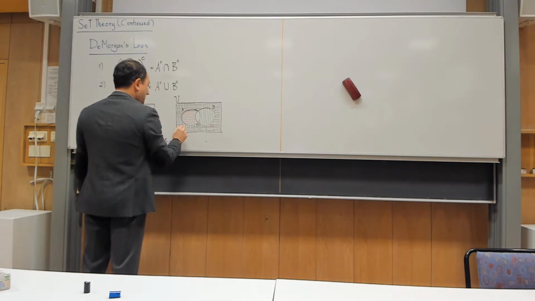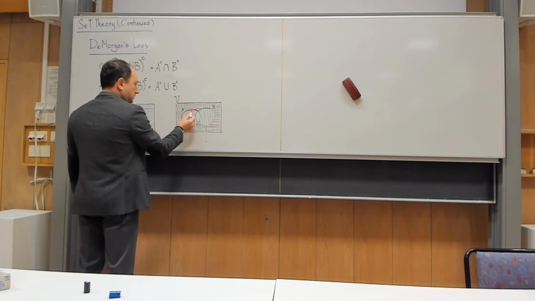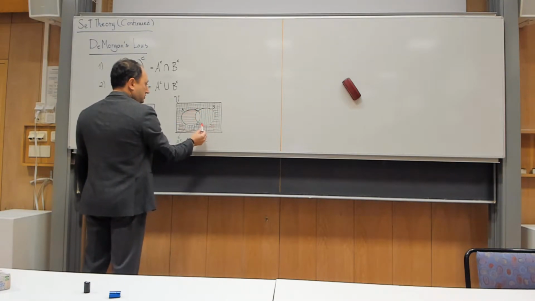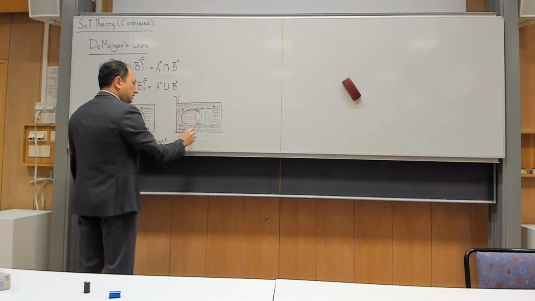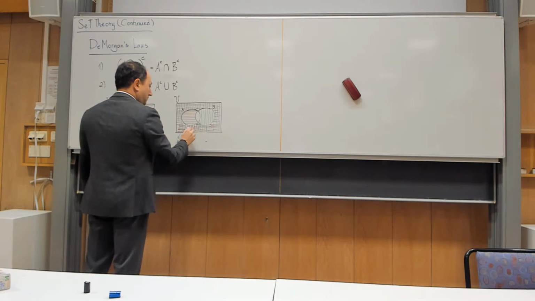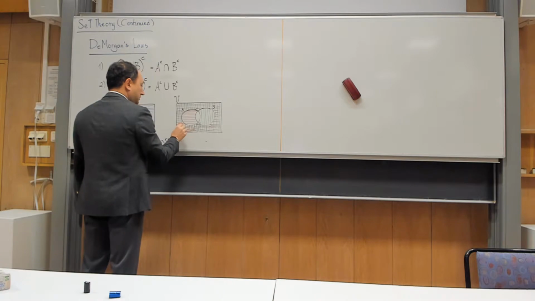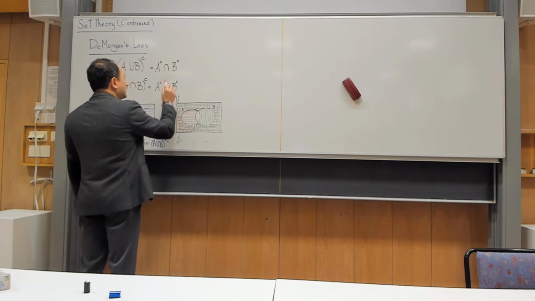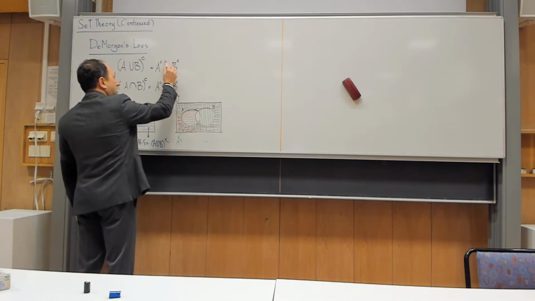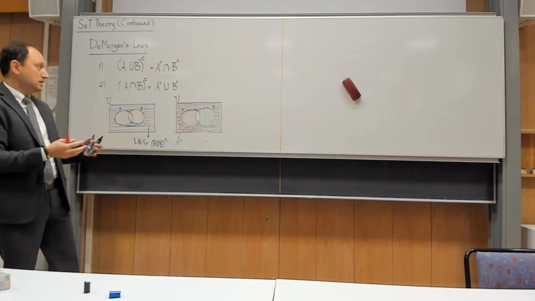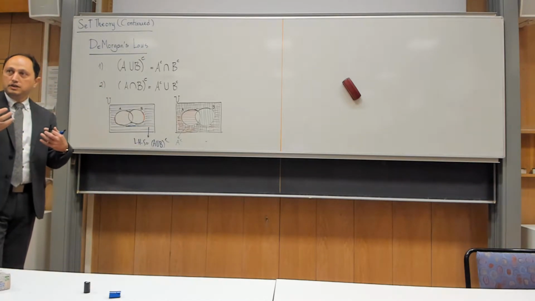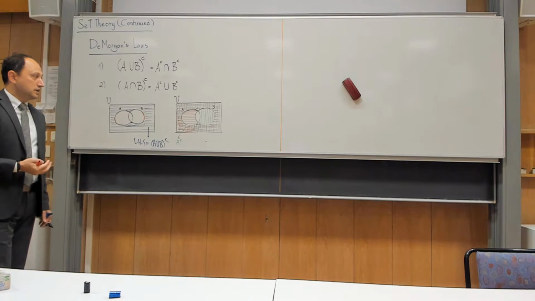You see that some parts are hatched with just red, some parts with just green, but some parts have been colored with two different colors, green and red. This sign is intersection, so I am interested in the overlap between the green area and the red area.